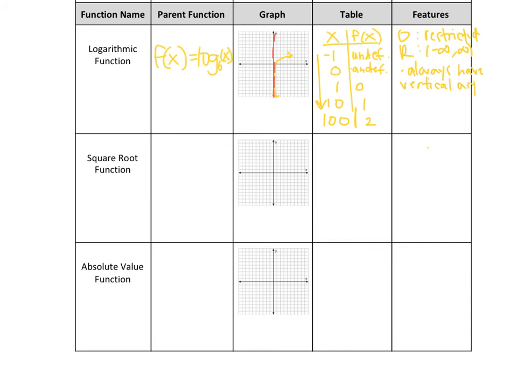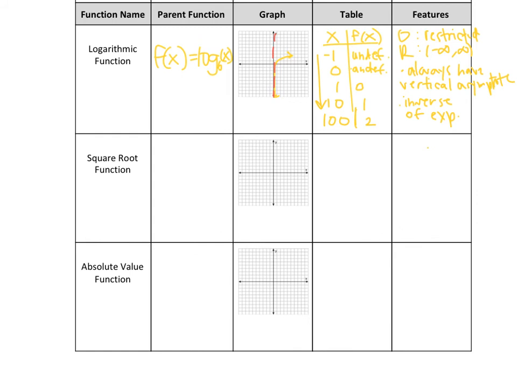It also is only going to be either strictly increasing or strictly decreasing. Again, we'll have a whole unit on logarithmic functions, so plenty of time to talk about them.